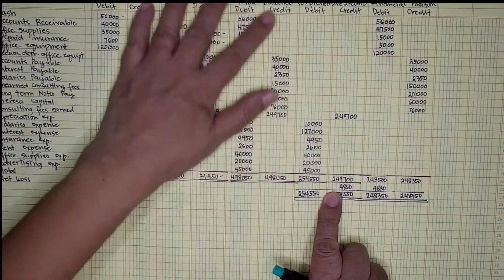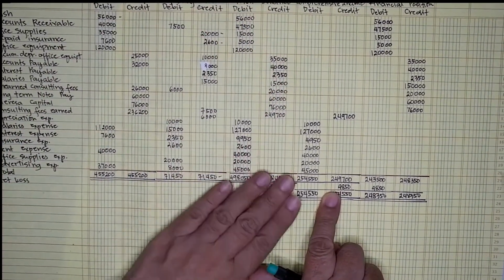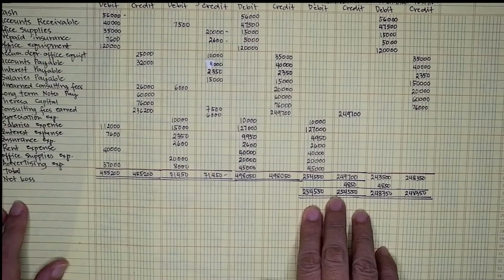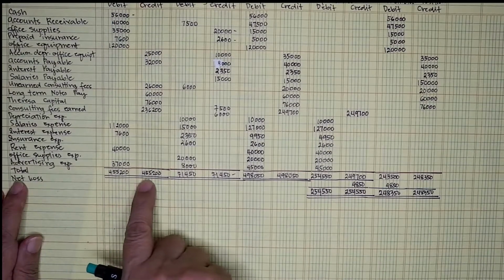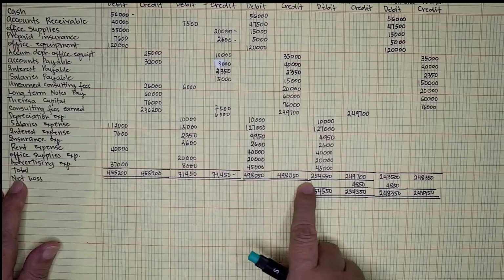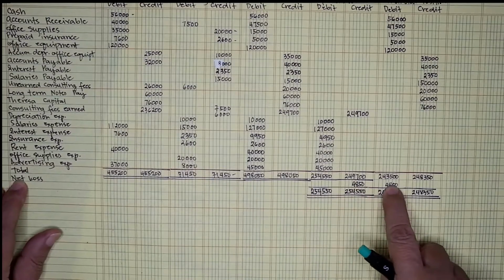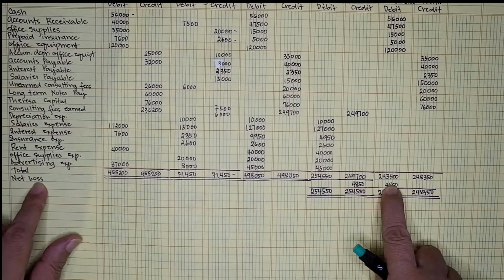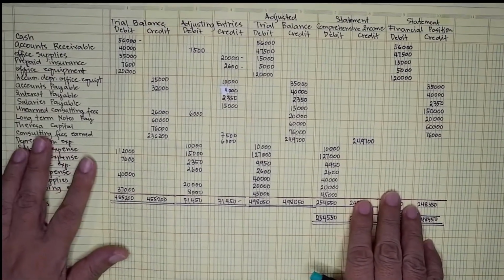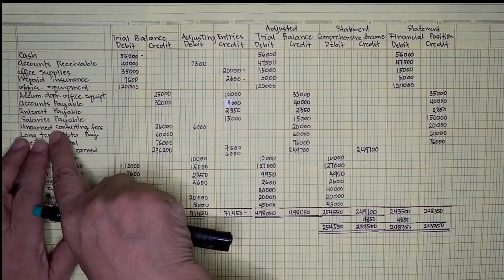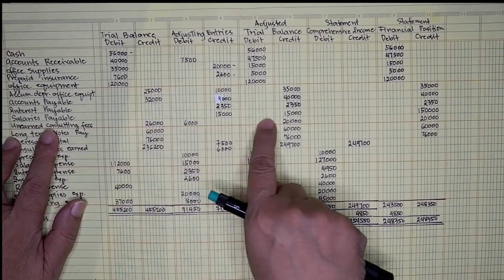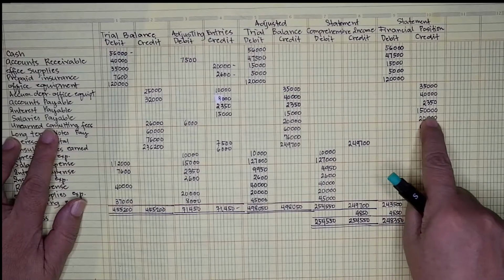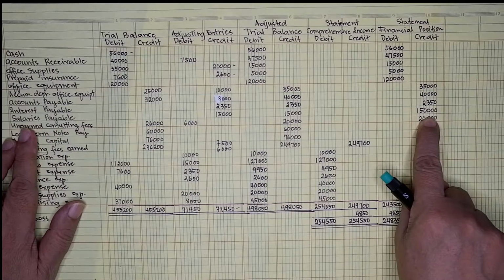Take note that in preparing a worksheet or working paper, whatever is written in this line, say this one, net loss, the amount written in this line, 4,850, that is net loss. Another example, say this one, unearned consulting fees. All the amounts written in this line refer to unearned consulting fees.